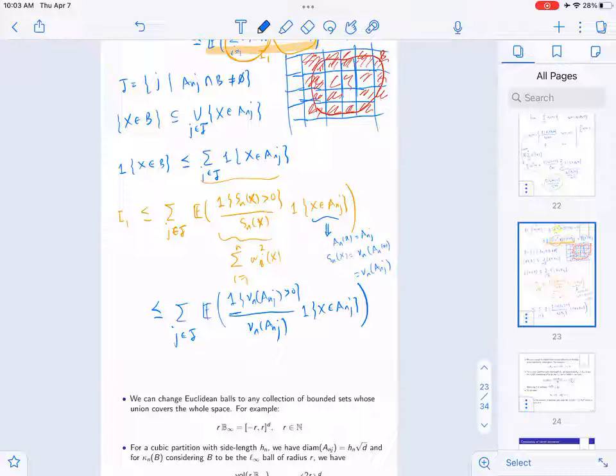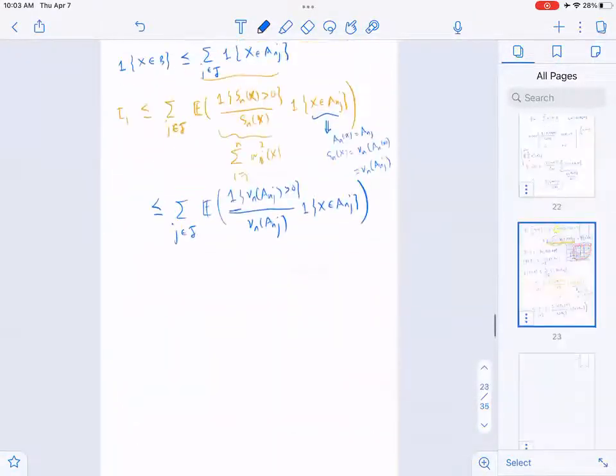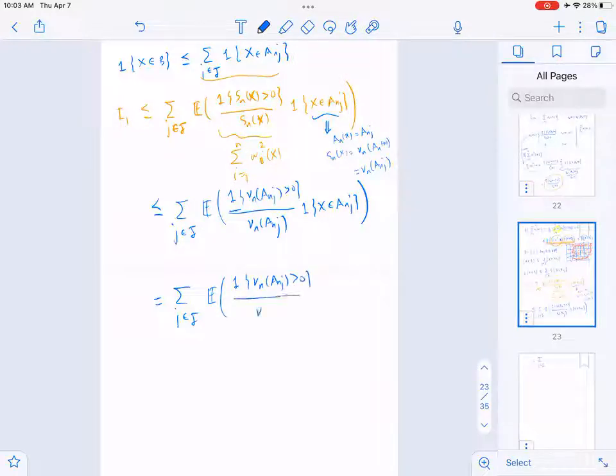Yeah, we can just get a product. What I'm going to get is split it into 2 parts that are actually equal by independence, right? So the sum over j in J, the expectation of the indicator that nu_n(A_j) is bigger than 0, times nu_n(A_j), times the expectation of this, right?